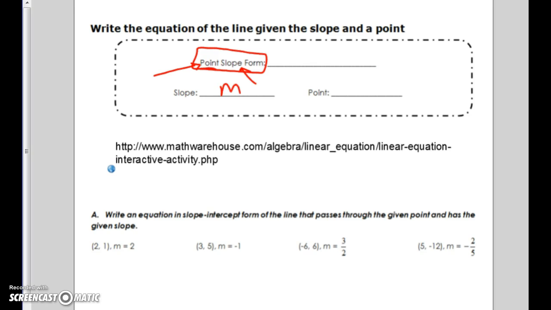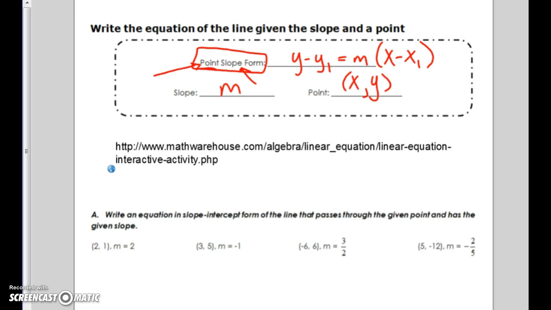On your formula chart, the yellow one that's in your journal, it has this formula on there, so if you need it, it'll be there. This would be y minus y1 is equal to m times x minus x1. So a point is just a coordinate. And remember, it has an x value and a y value.